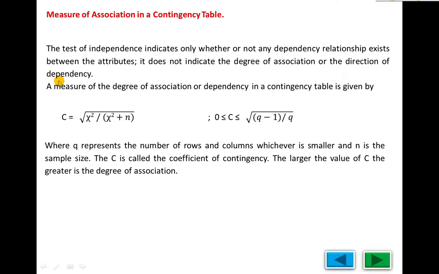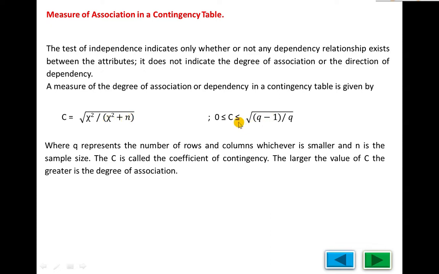When the null hypothesis is rejected, variables are dependent, but how much dependent, what is the strength, what is the degree of association? For this, a measure of the degree of association or dependency in a contingency table is given by C, called the coefficient of contingency: square root of chi-square calculated value divided by chi-square calculated value plus n.